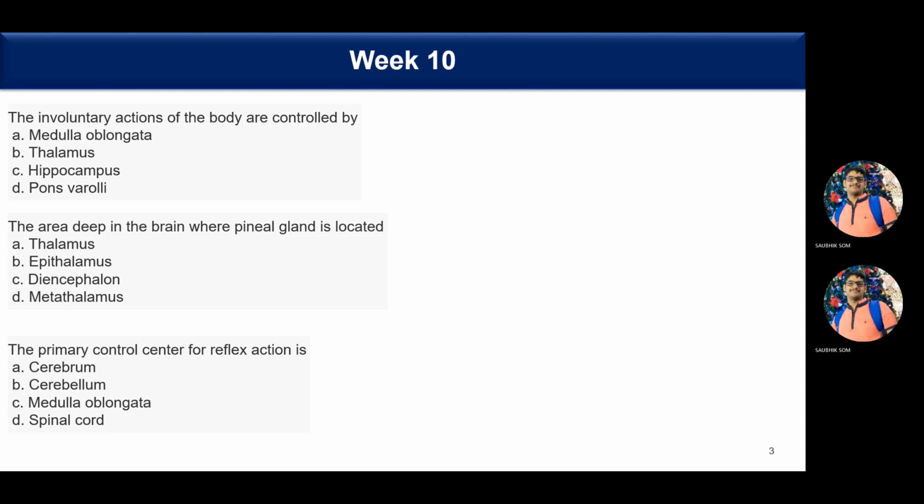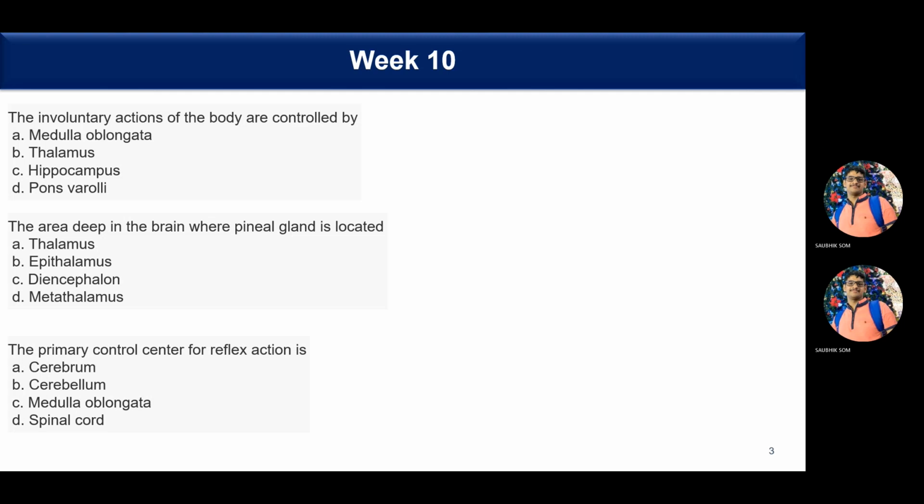Where is the pineal gland located? The correct answer is epithalamus, right?